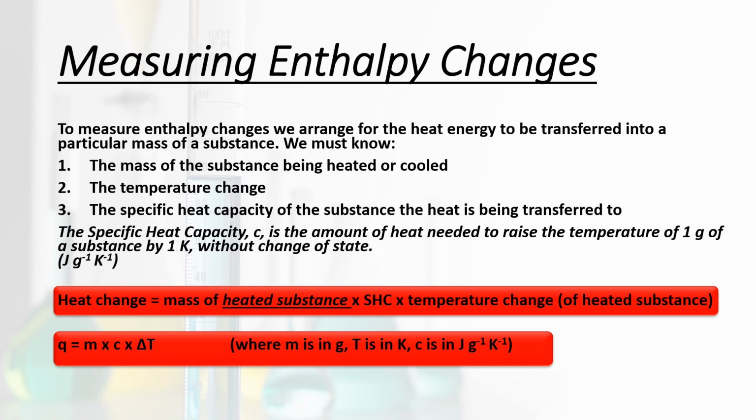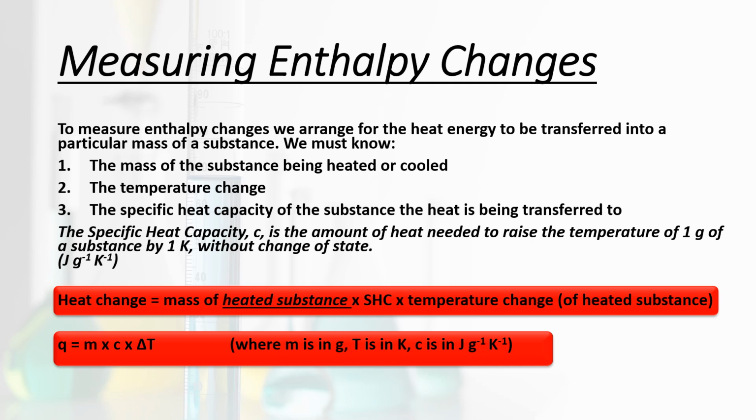And so what we can arrange is that heat energy gets transferred into a particular substance, often water, and we have to know the mass of that substance, because the amount of the substance affects the enthalpy change. And so we have to know the mass of the substance that is being heated or cooled, the temperature change, which we can measure with a thermometer, and the specific heat capacity of the substance that the heat is being transferred to.